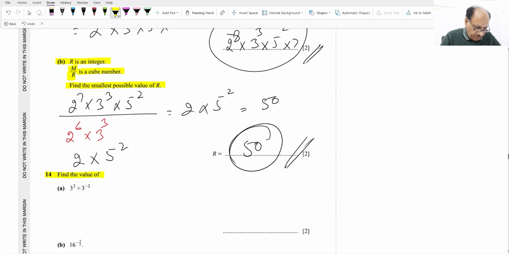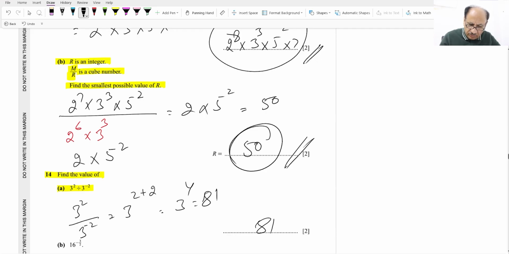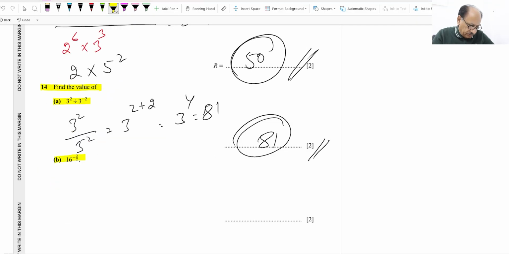Then find the value of this one. So this is 3 square over, we can write 3 to the power minus 2, which we can write as 3 square plus 2. So it will be 3 to the power 4, which is 81. So 81 will be the answer. And this is for 2 marks hopefully. B part, 16 raised to the power minus 3 by 2.